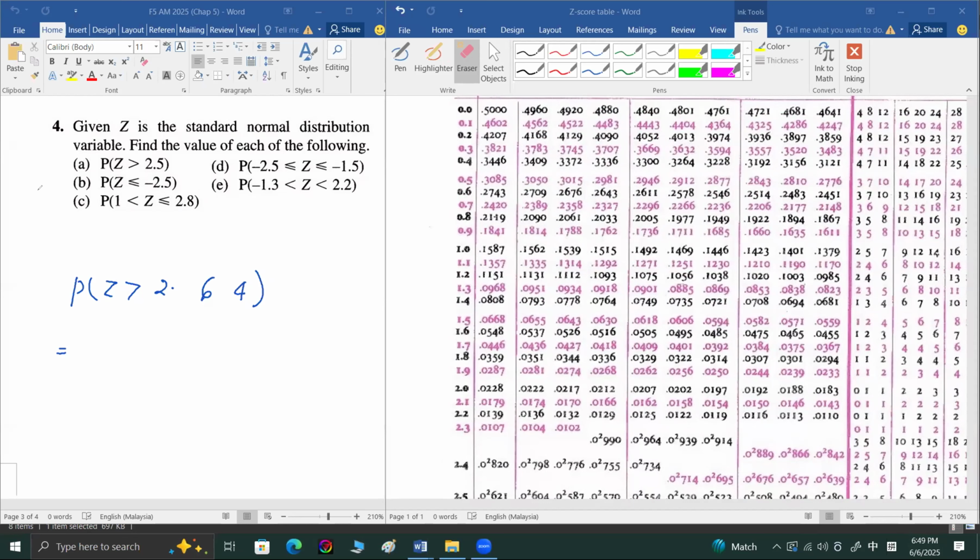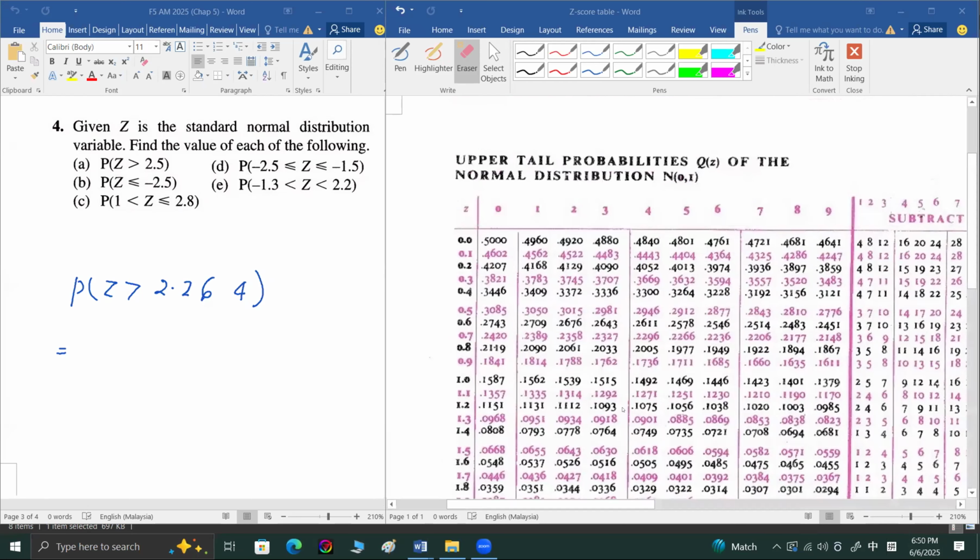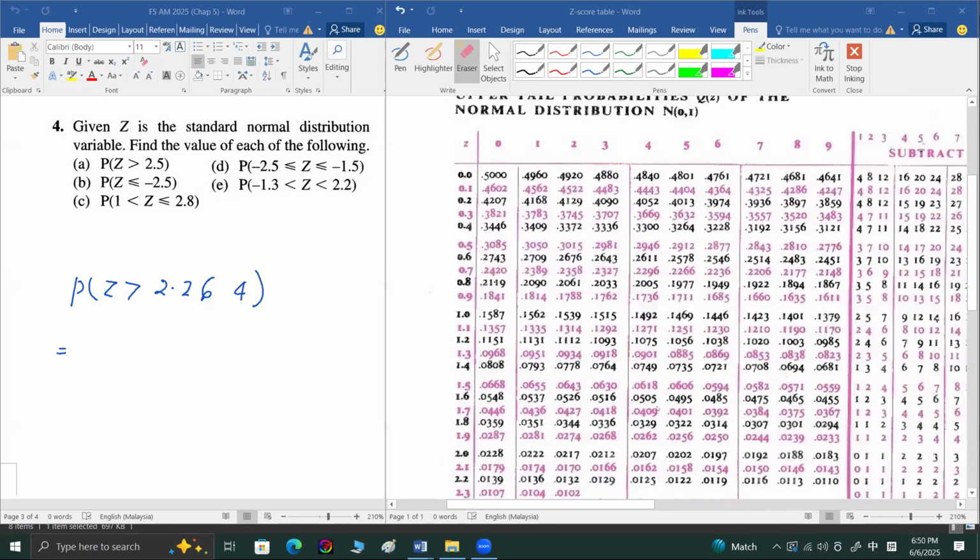If it is just 2.2, you get it from here: 2.2 means 0.139. Can you see? 2.2 is 0.139.